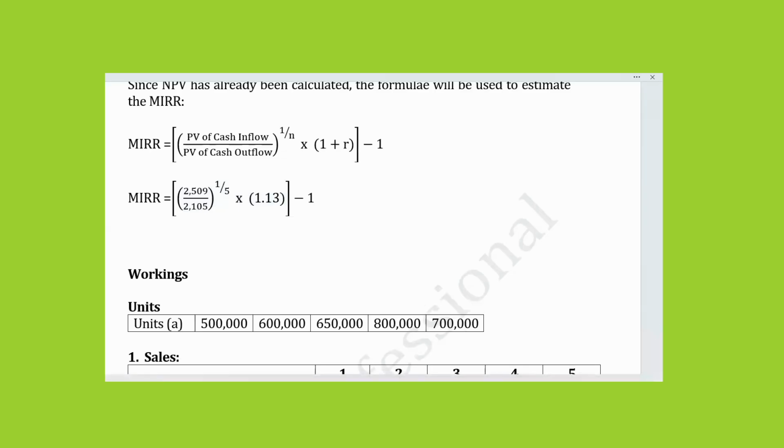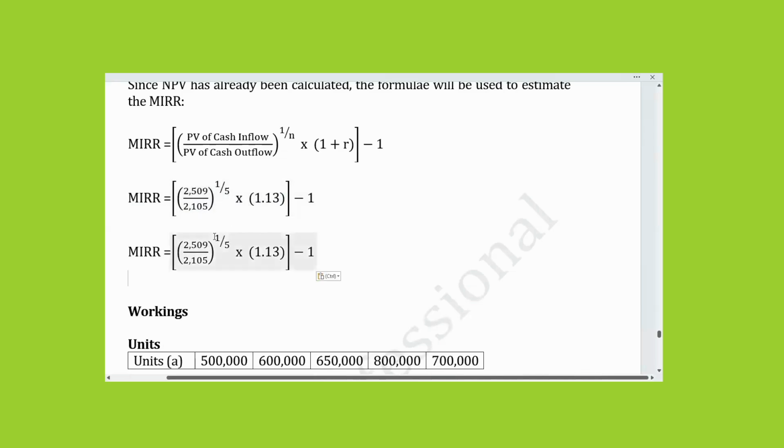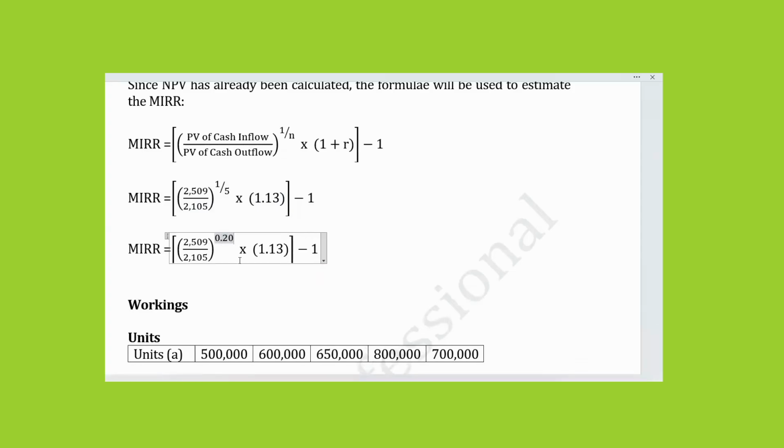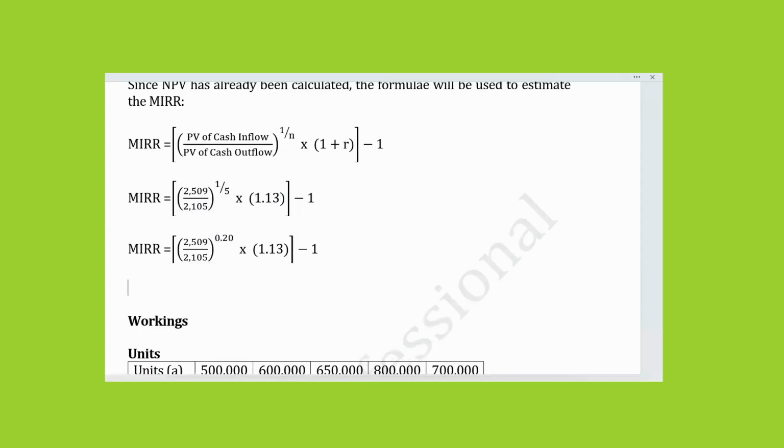So what's your final answer? 2509 divided by 2105, raised to power 1 divided by 5, which will give us 0.2. Therefore, 2509 divided by 2105, raised to power 0.2, multiplied by 1.13, minus 1, multiplied by 100%.